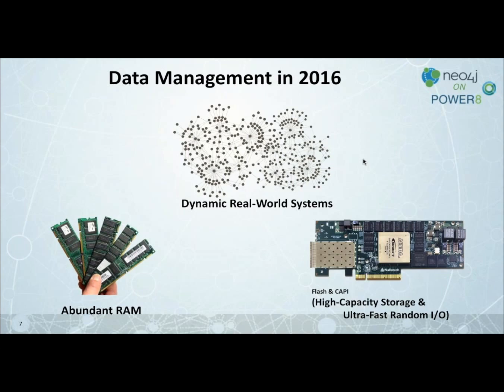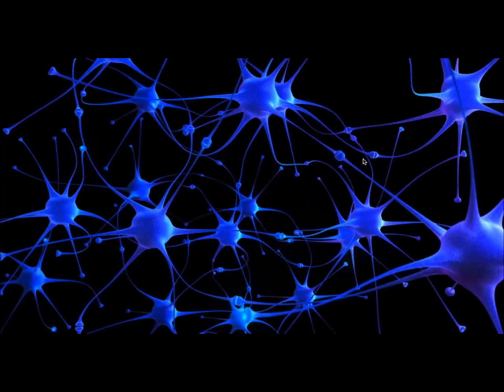So if I were to design a database today and sit down with the tools I have, the hardware and software tools, to apply a solution to these real-world dynamic systems, the kind of model I would end up with looks a lot like this, where you have individual items with relationships, and this is how the brain is structured, and this is how the brain processes data.